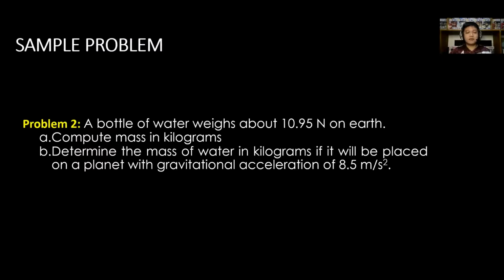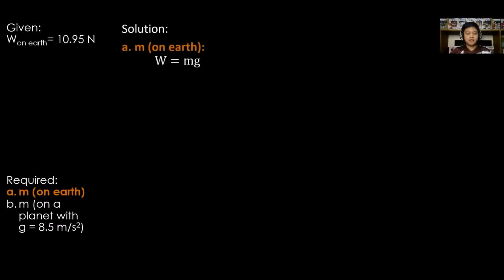Next, for sample problem number 2. A bottle of water weighs about 10.95 newtons on Earth. For A, compute the mass in kilograms. For B, determine the mass of water in kilograms if it will be placed on a planet with gravitational acceleration of 8.5 meters per square second. So first, the mass of water on Earth.